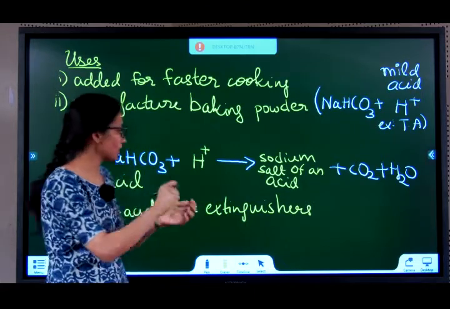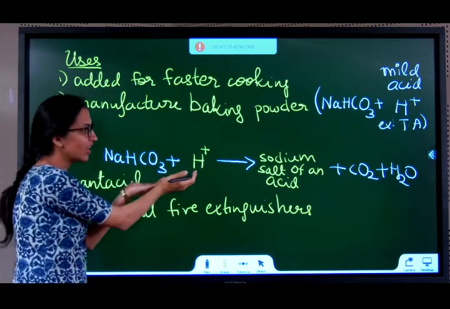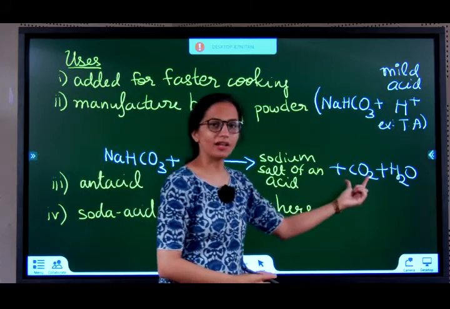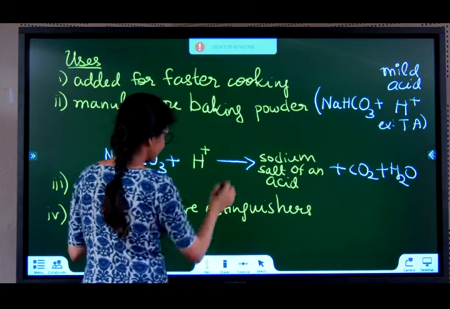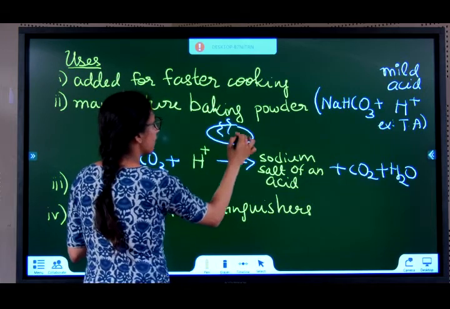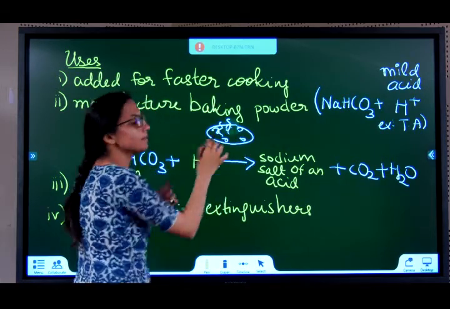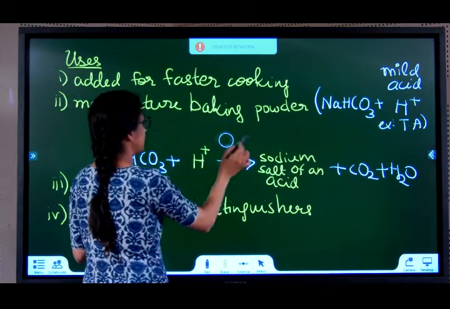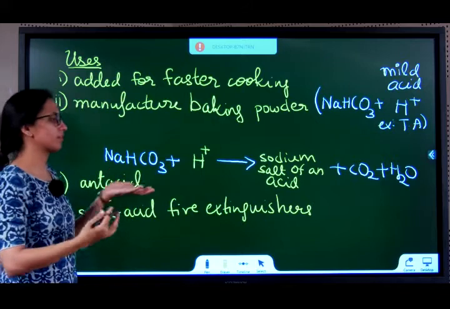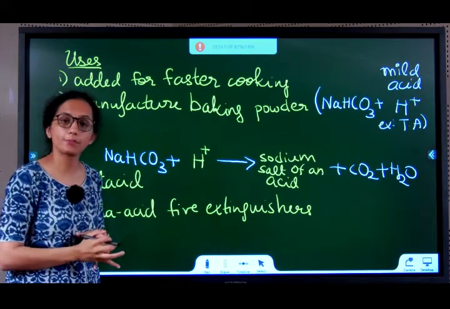Why? Because once you heat up this combination, CO2 gas comes out, and holes are created. The bread becomes spongy. So they can ask you, give the reaction that makes breads and cakes spongy.